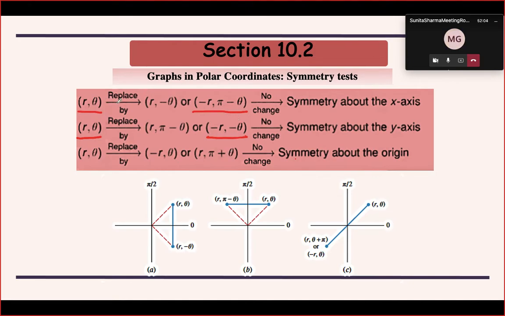So you just check four of them. If two of them work, one from here and one from here, then it means there is symmetry about the origin. And if one of these symmetries does not hold, then obviously this will also not hold.